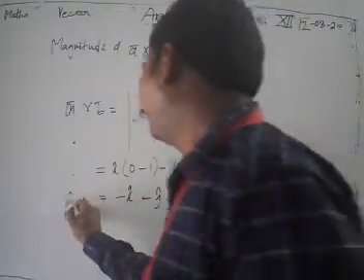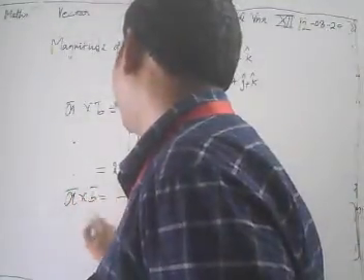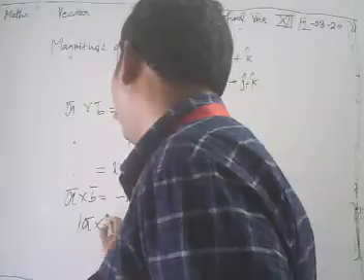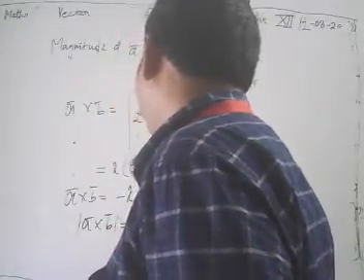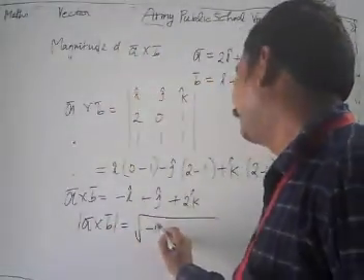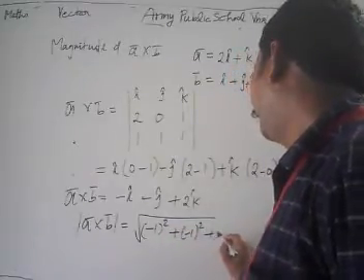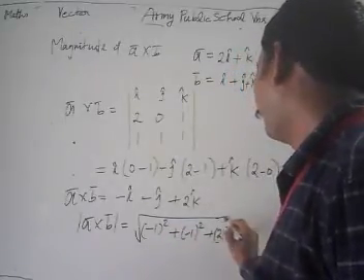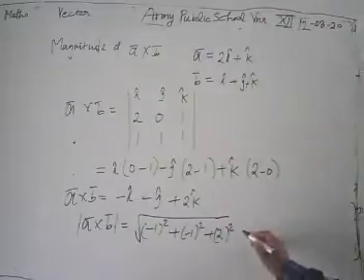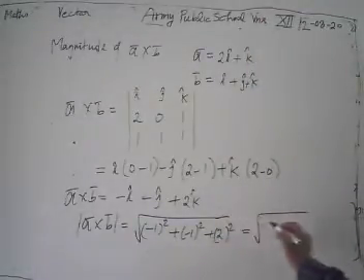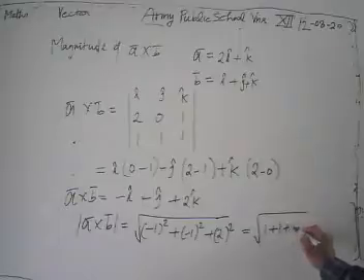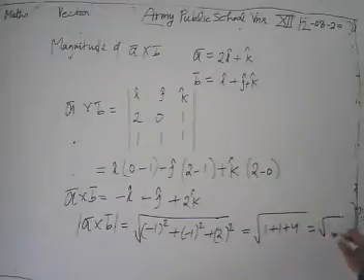Now we have vector A cross B, but we need its magnitude. It is given by the square root of (minus 1) squared plus (minus 1) squared plus 2 squared, which is 1 plus 1 plus 4, so root 6.